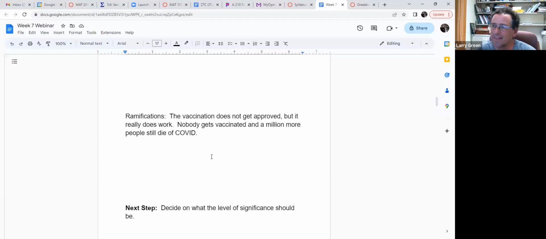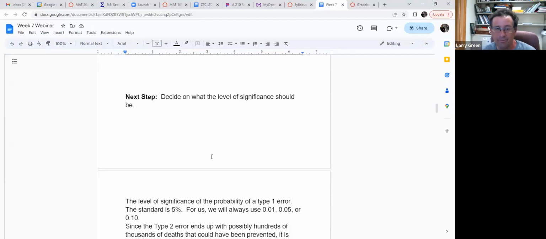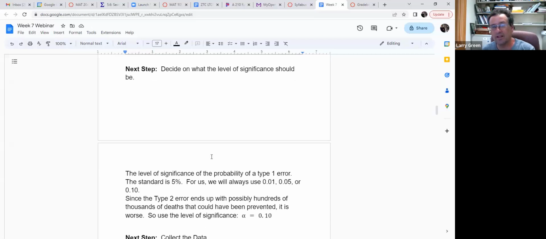So here, unlike the confidence interval, with a hypothesis test you have to make the decision about the level of significance before you go and collect your data. Okay, so this is really important. And you make that decision based on the ramifications of a type 1 and a type 2 error.